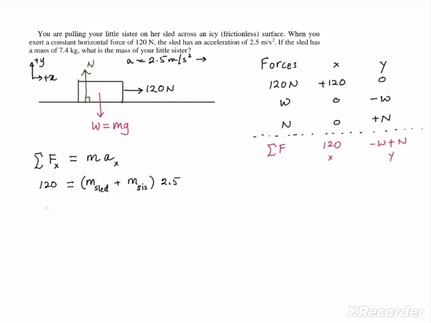So this gives us 7.4 kilograms plus mass of the sister is equal to 120 divided by 2.5, and that is 48. So mass of the sister is 48 minus 7.4, which is equal to 40.6. Don't forget units. This is in kilograms.